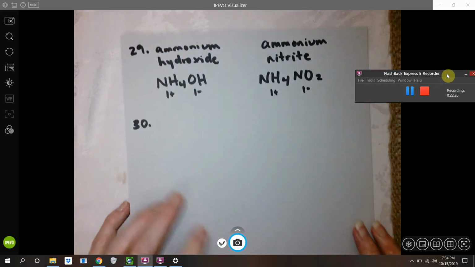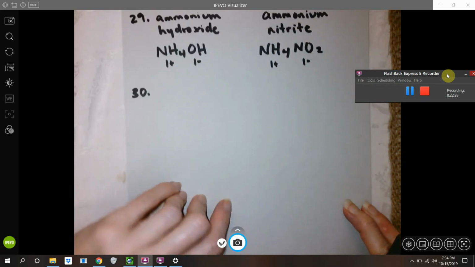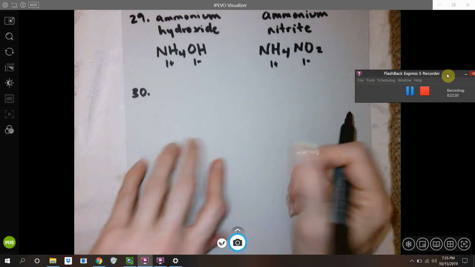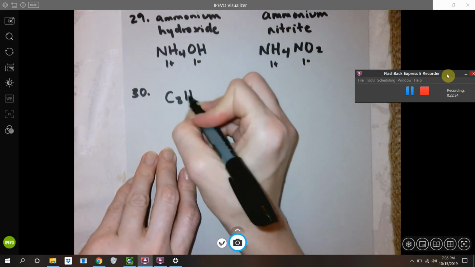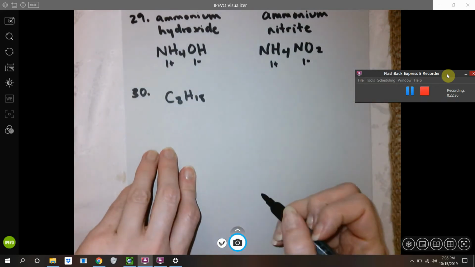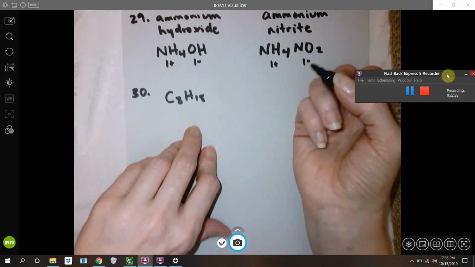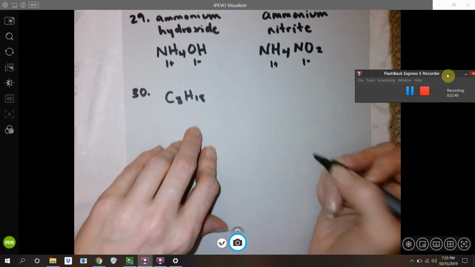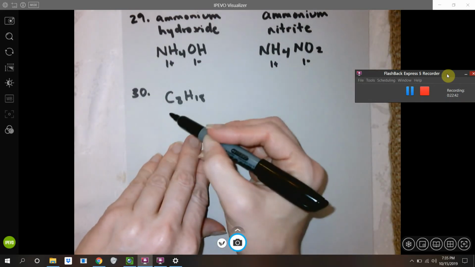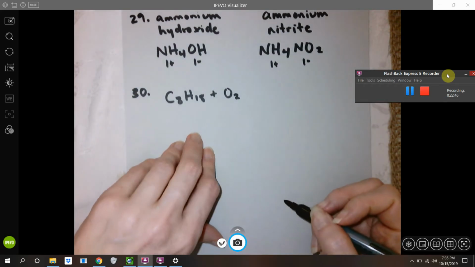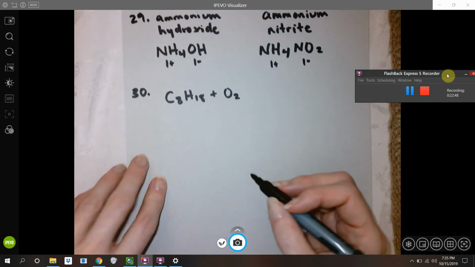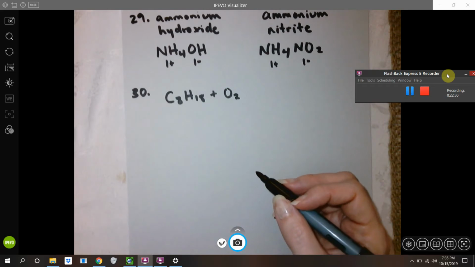Some good practice with combustion reactions. It says write a balanced equation for the reaction of gasoline, which is C8H18, with oxygen gas. You should automatically know when you see a fuel with C's and H's in it, reacting with oxygen gas, O2, that it's going to be a combustion reaction.